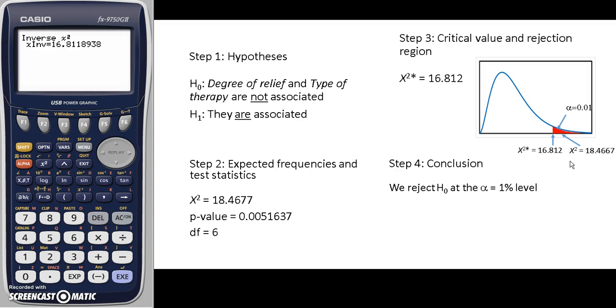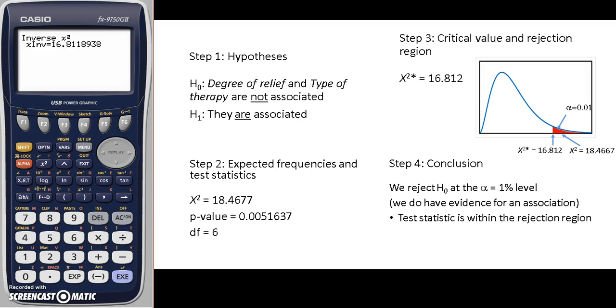In step 4, we draw our conclusion. So we're going to reject the null hypothesis at the alpha equals 1% level. So we do have evidence for an association between our 2 variables. Our evidence for this was that our test statistic was within the rejection region.